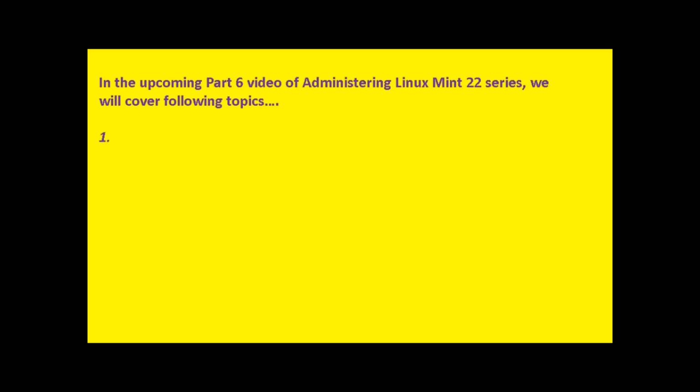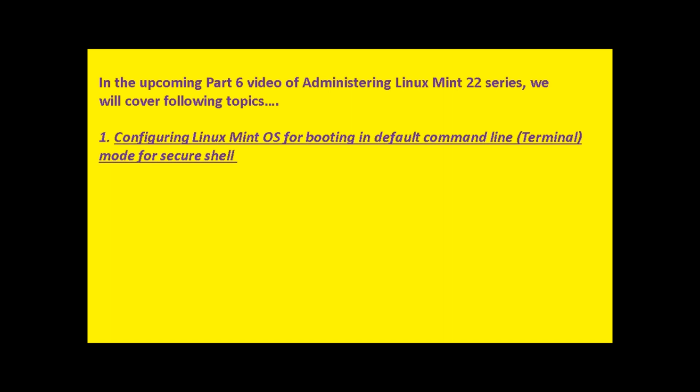So in the upcoming part 6 video of the Administering Linux Mint 22 series, we will cover the following topics. So some more topics I'm covering for this. First, we will configure our Linux Mint OS for booting in default command line, that is terminal mode, for a secure shell environment. Now, when I started my career around 24 years ago, there was Red Hat Linux and a couple of Unix versions which were not supporting a desktop environment, and they were by default running in command prompt.